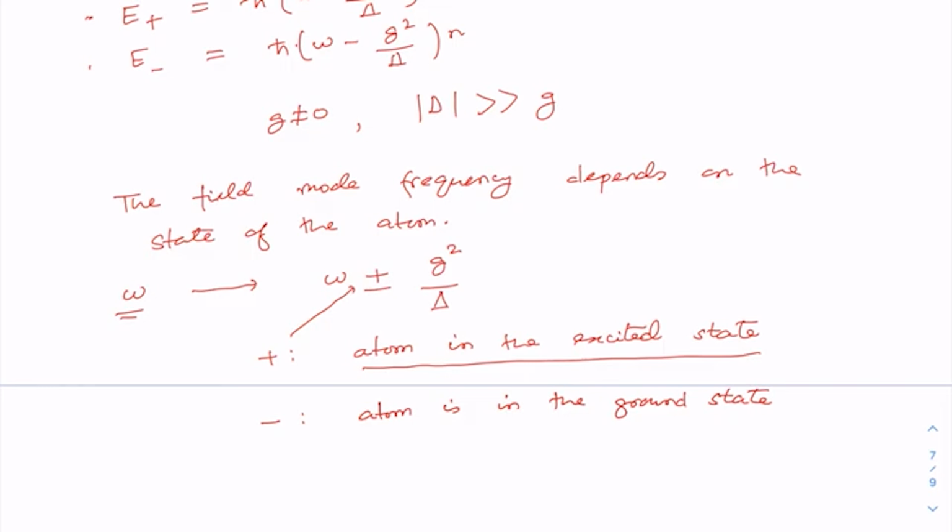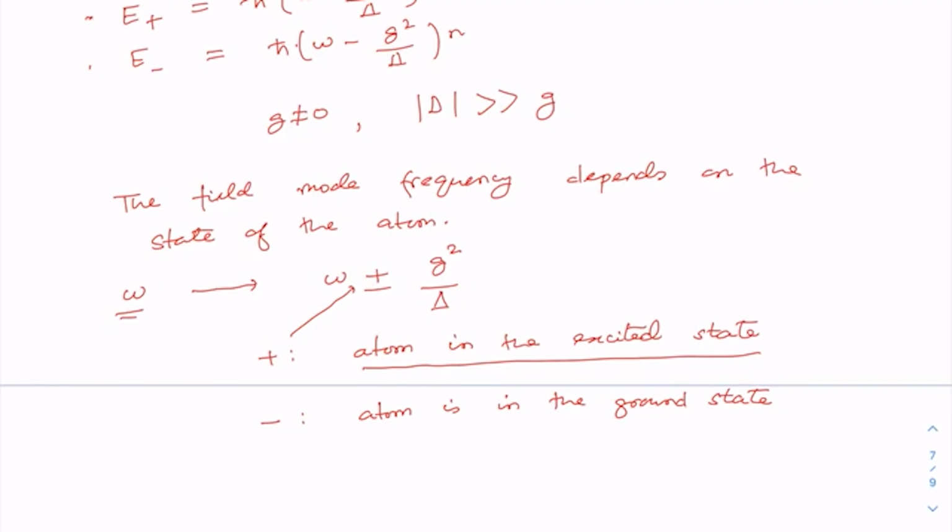So this is a very useful tool to determine the state of the atom without making any measurement directly on the atom. It is a very useful spectroscopic tool, and it is nowadays routinely used in circuit quantum electrodynamics.